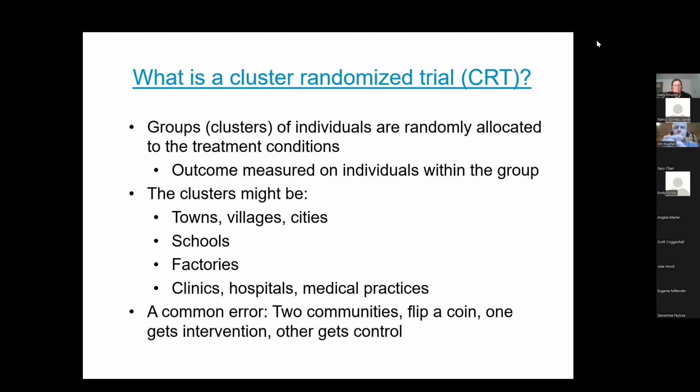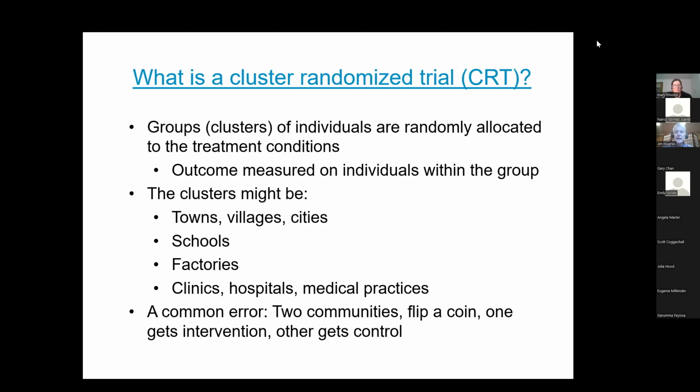The idea is that you randomize not individuals, as in your classic clinical trial like the vaccine trials that we saw for coronavirus, but rather groups of individuals, such as entire towns or cities or families, health clinics, something like this. But you do measure the outcome on individuals within the group.